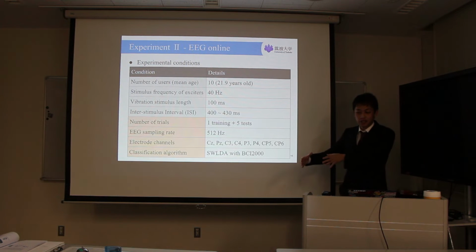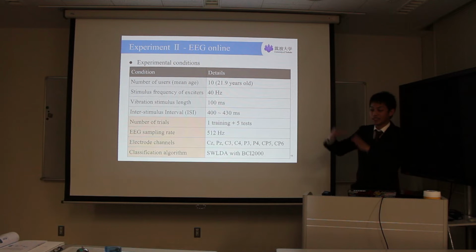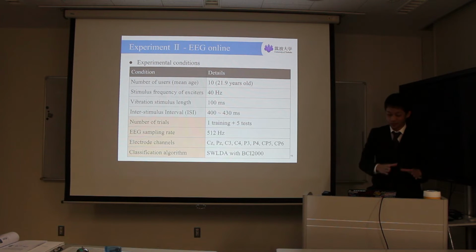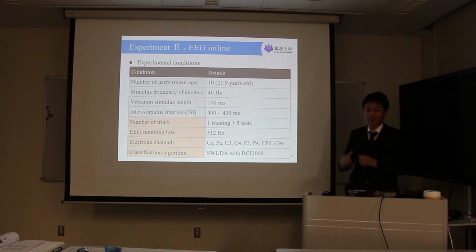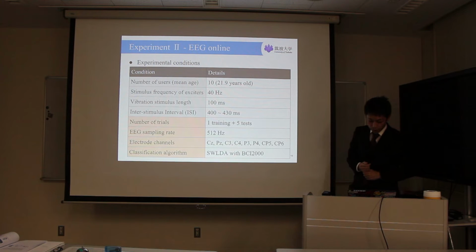For instance, subject number 1's ERP signals are classified with subject number 1's classifier model, and subject number 7's ERP signals are classified with subject number 7's classifier model. The EEG sampling rate was set at 512.